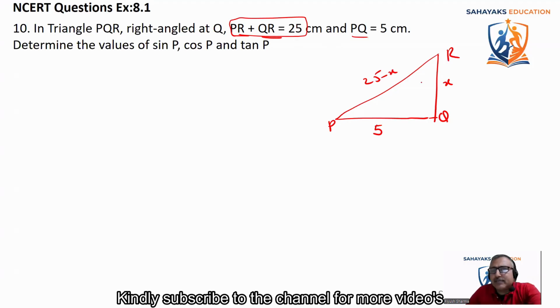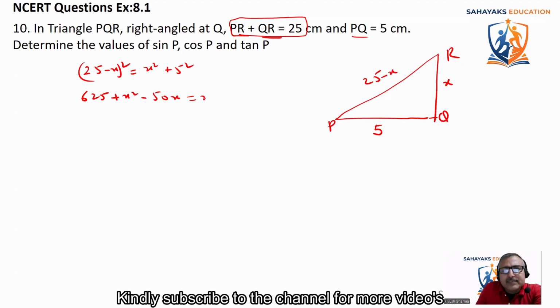Now we should find the values. So first of all, let's find the value of x by Pythagoras theorem. We know the hypotenuse square is equal to perpendicular square plus base square. If we open the square, it becomes 625 plus x square minus 50x is equal to x square plus 25. So x square will cancel out with x square. I'll take 50x to the other side.